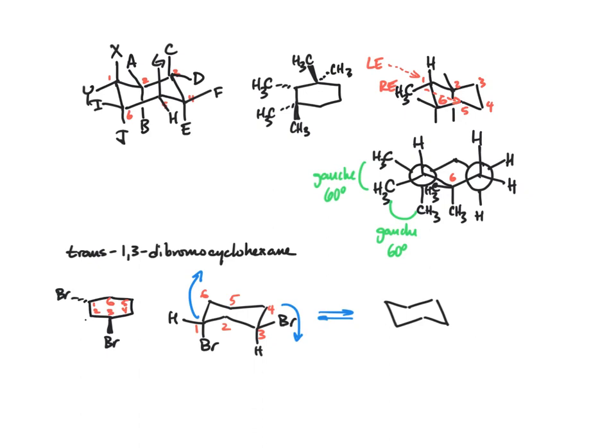Let me just renumber it so you can see how things track. So 1, 2, 3, 4, 5. I would encourage you to use that lightsaber. We got Darth Vader here. So the lightsaber is pointing to carbon 1.